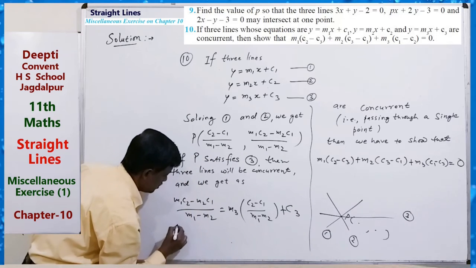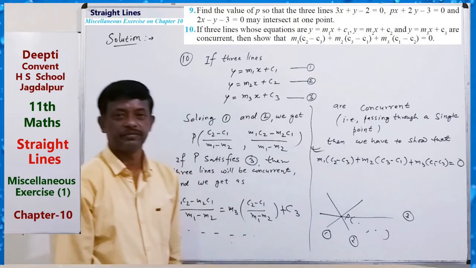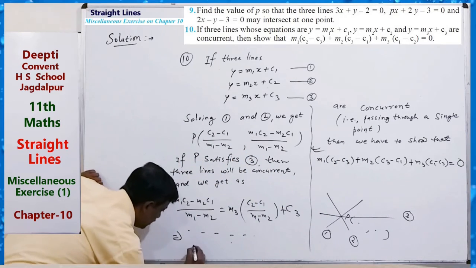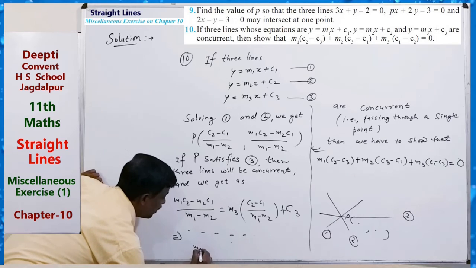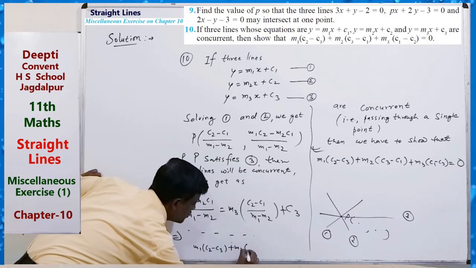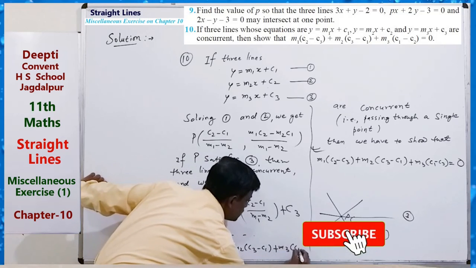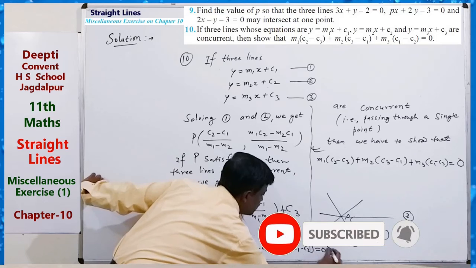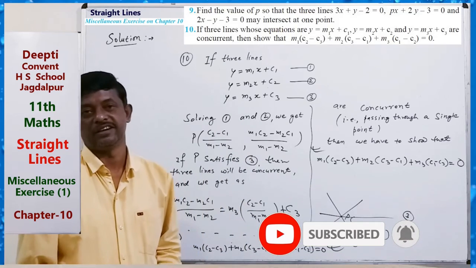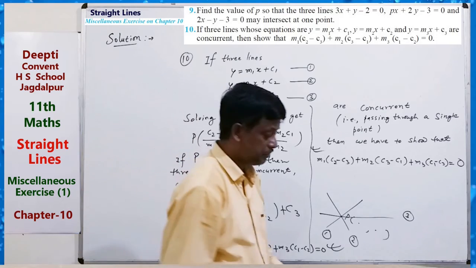Just solve it. After solving, you can get m1 into c2 minus c3 plus m2 into c3 minus c1 plus m3 into c1 minus c2 equals to 0. So this condition can be obtained. This is the solution of question 10.